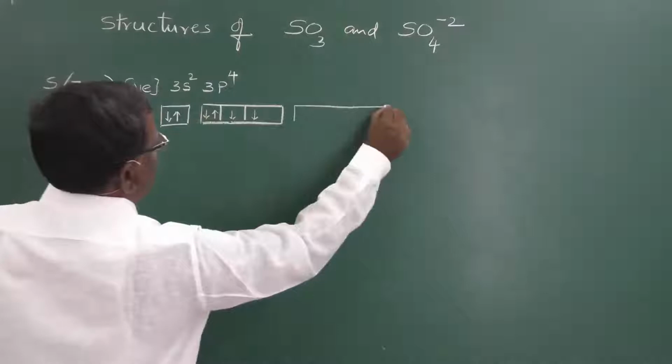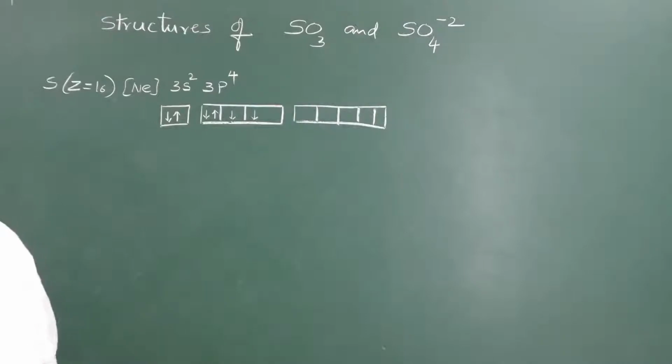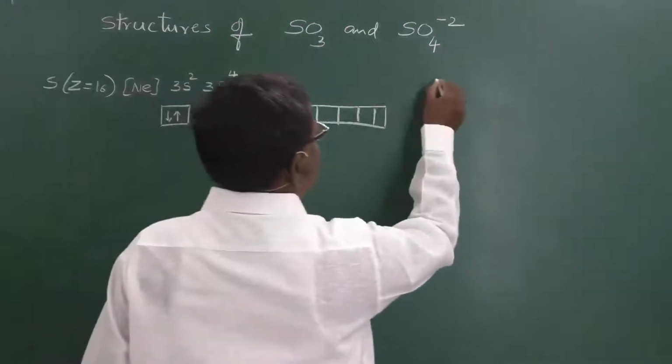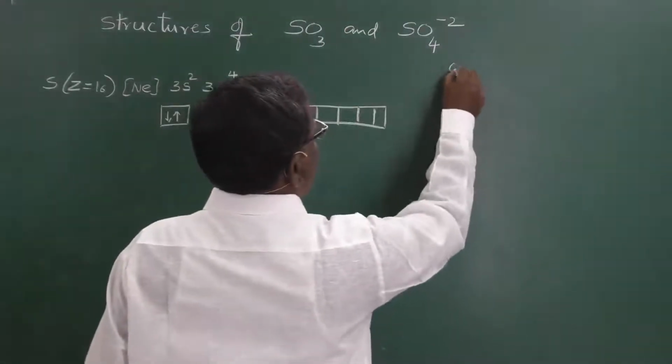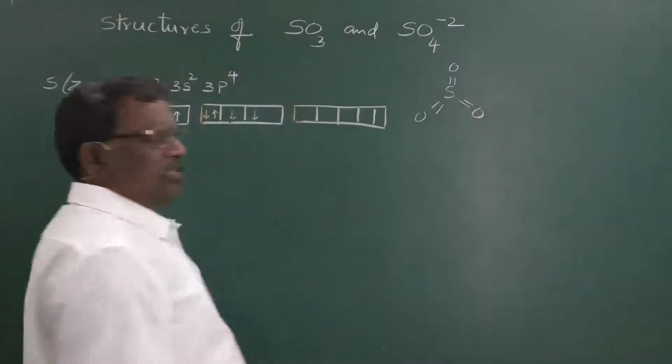Now, according to this electronic configuration, sulfur can form only 2 bonds. But in SO3 we have 3 bonds. That means sulfur forms a double bond with each oxygen, and there are 3 oxygens.